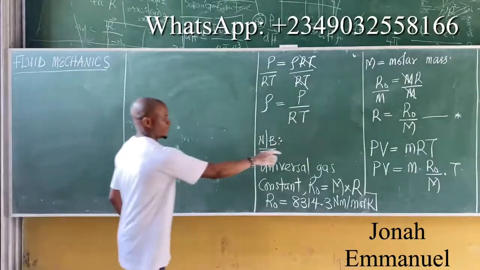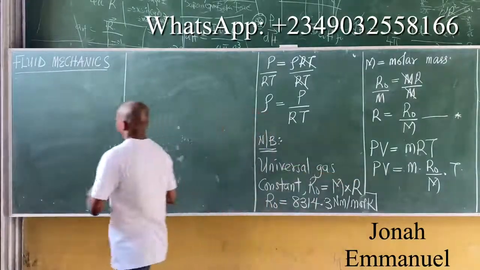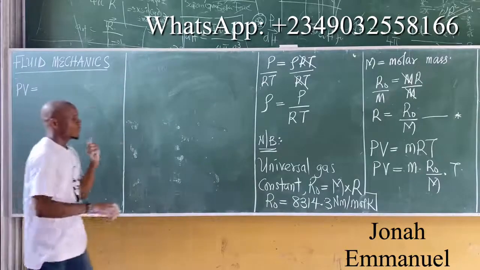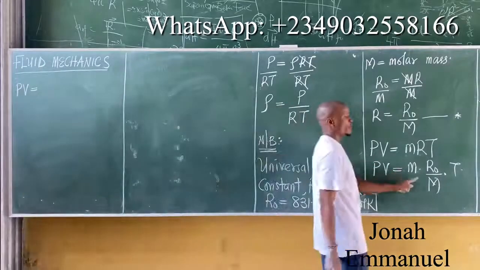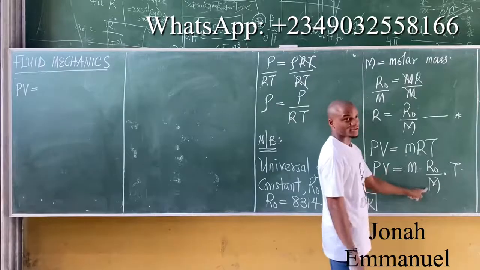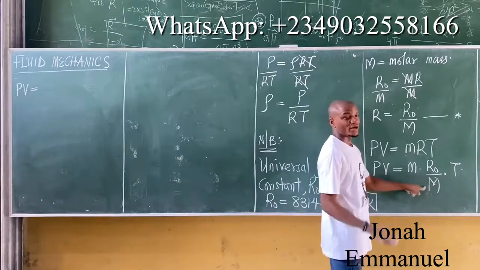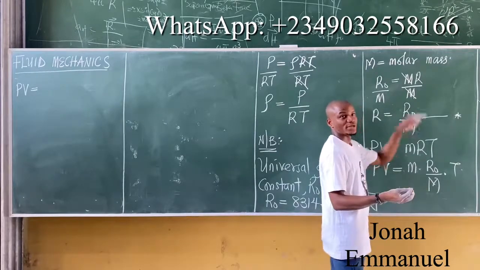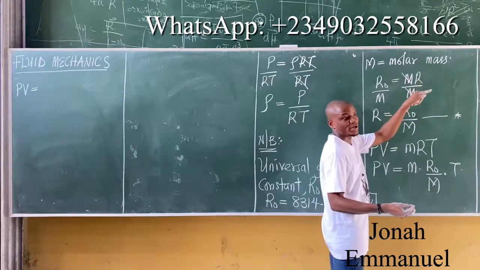Alright, so from here, I have that PV is equal to, I can take mass over molar mass because it means something in chemistry. Mass over molar mass is what there? Mole. Number of moles of the gas is equal to the mass of the gas all over molar mass.